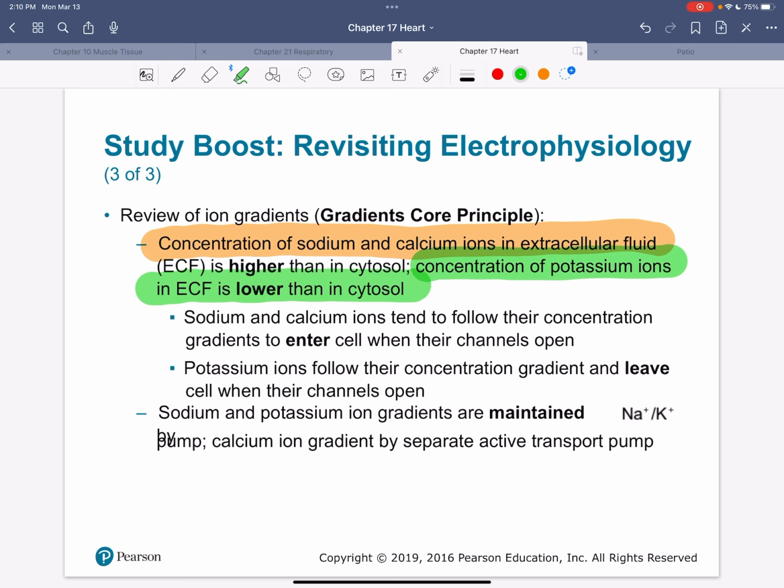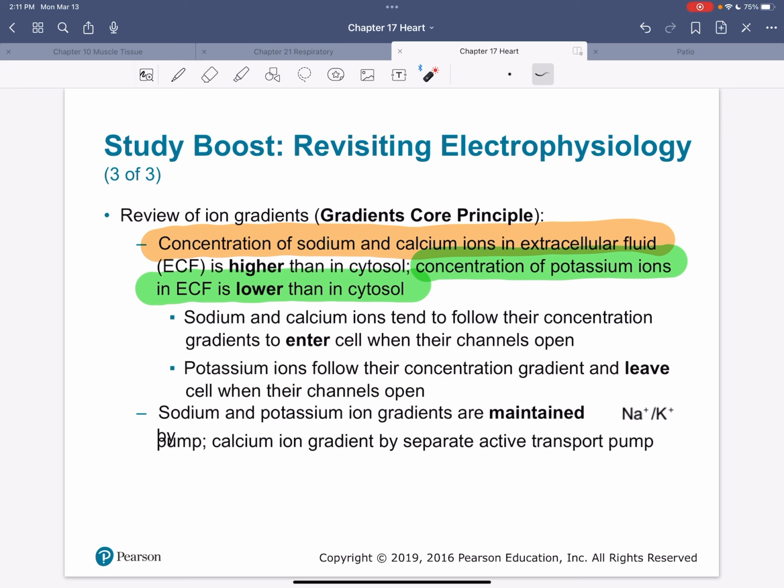So that's the situation we have set up here. And sodium and calcium ions will, like anything, follow their concentration gradient if allowed to, and will enter the cell when the appropriate channels open. Potassium ions follow their concentration gradient and leave the cell when their channels open.